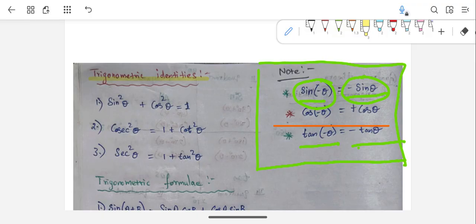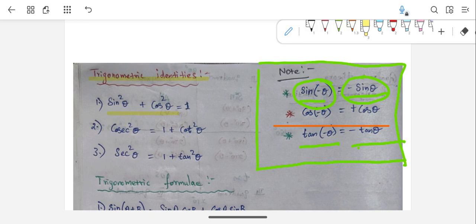Sine square theta plus cos square theta is equal to 1, when the angles are the same and you have the expression in this format. Let's say you have sine square 45 degrees plus cos square 45 degrees.